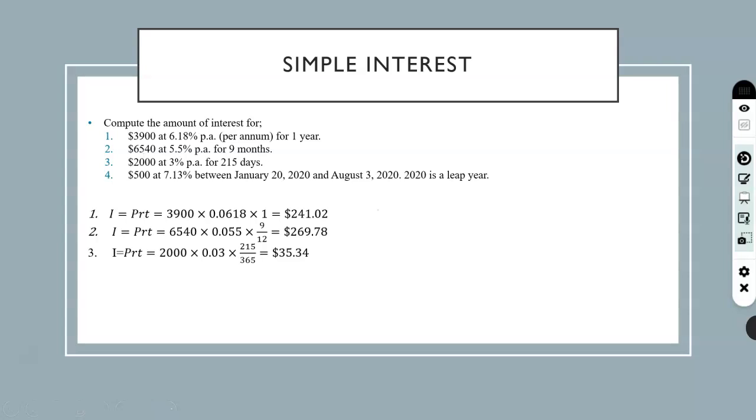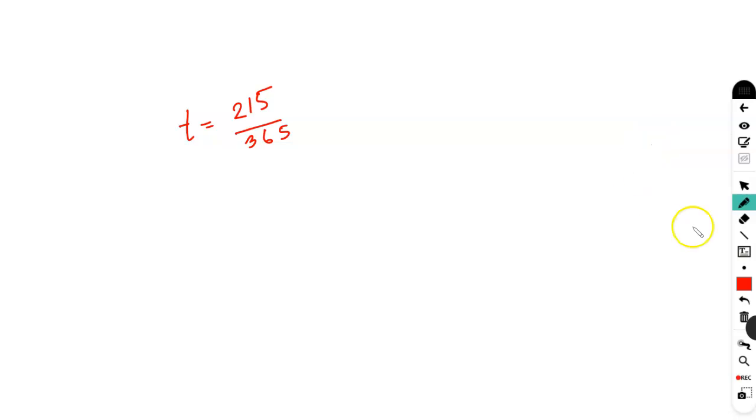For the second one, you see $6,550 at 5.5% for 9 months. So you have P as 6,550, R as 5.5%, which you will convert, 5.5 divided by 100, which is 0.055, and time is 9 months. So for converting the 9 months to years, T is equal to 9 over 12, right?